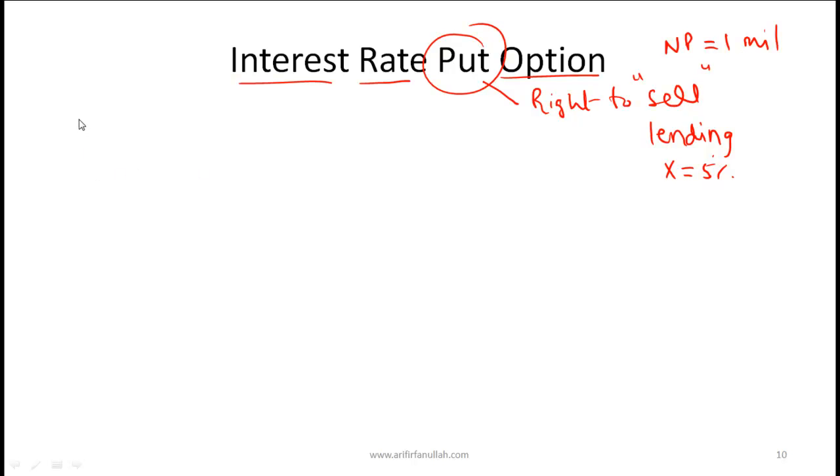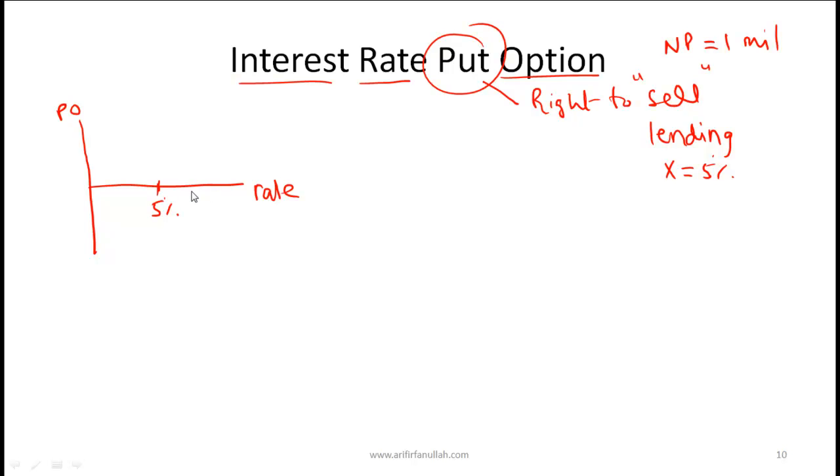So what will the payoff diagram for an interest rate put option look like? Again, the x-axis is the rate, the y-axis is the payoff. Now let's say this is the strike price of 5%. If the interest rate in the market on expiry is more than 5%, then does the right to lend at 5% give us any benefit?